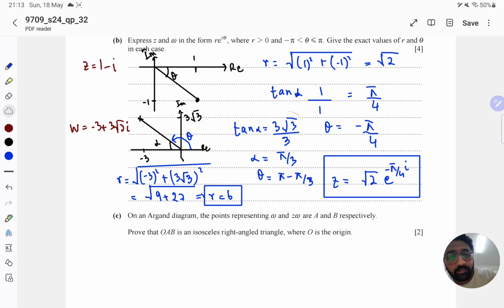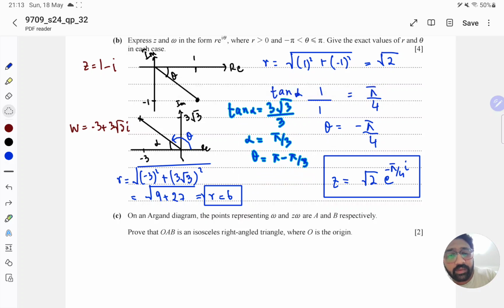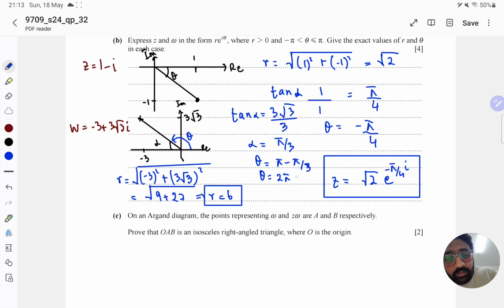If you simplify, it is going to give you 2 pi by 3. So the theta is 2 pi by 3. So w will be equal to 6 e raised to the power of 2 pi by 3 i.